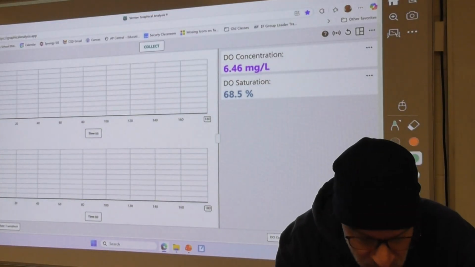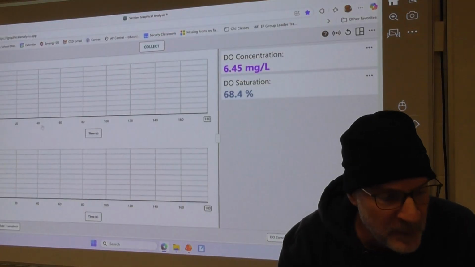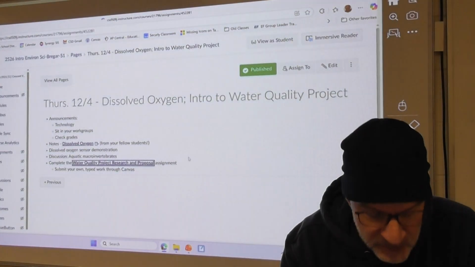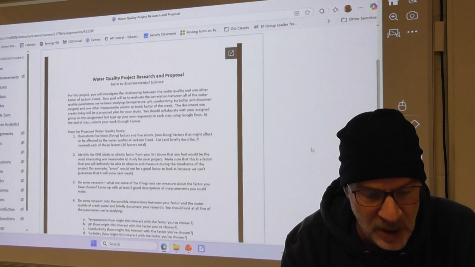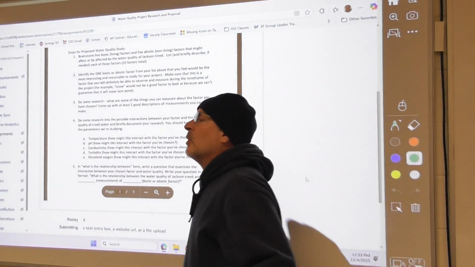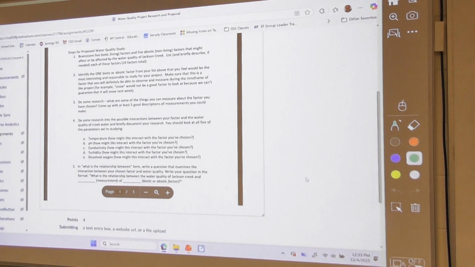What I'm going to ask you to do today, I'll give you a quick break first, but then what I'm going to ask you to do is in your work groups, I'm going to ask you to start doing some research into the study that you're going to carry out over the next couple of weeks.